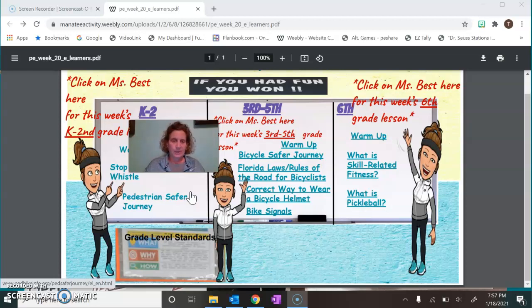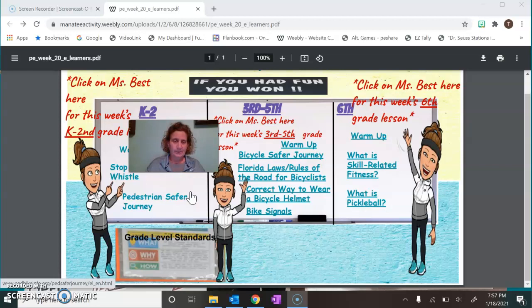What's the very first thing that you should do before you cross the street? Once you do that, what's the second thing you need to do? At this point, you should not be crossing the street yet. So what do I do first? What do I do second? Once you've done those two things and you are crossing the street, what should you continue to do as you are crossing the street?